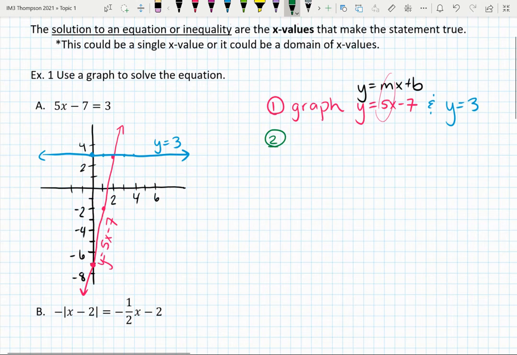All right, so step 1 is to graph. Step 2 is to find the intersection or the intersections. These lines cross in one point and one point only.